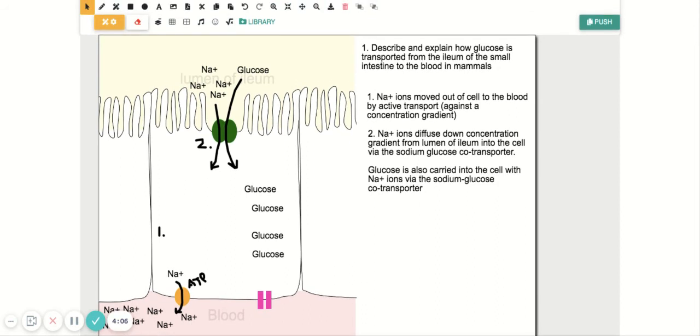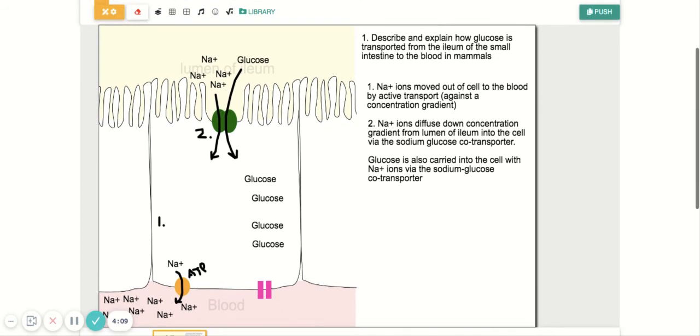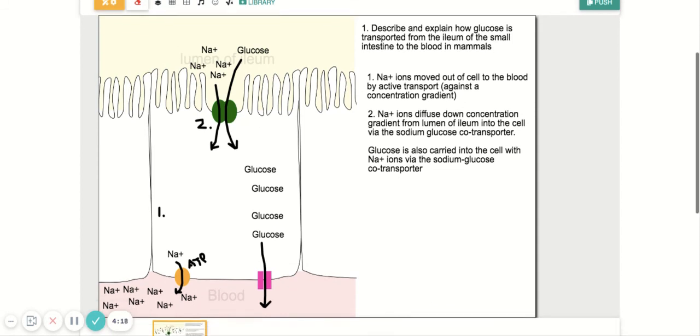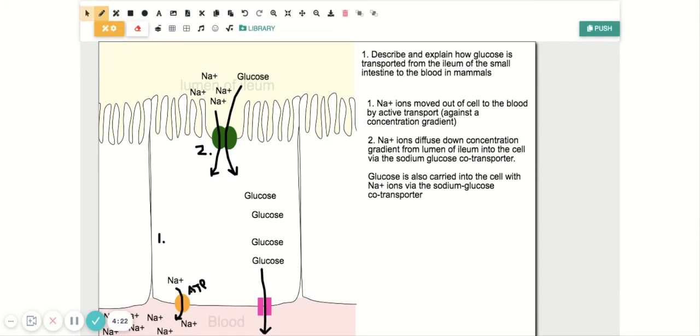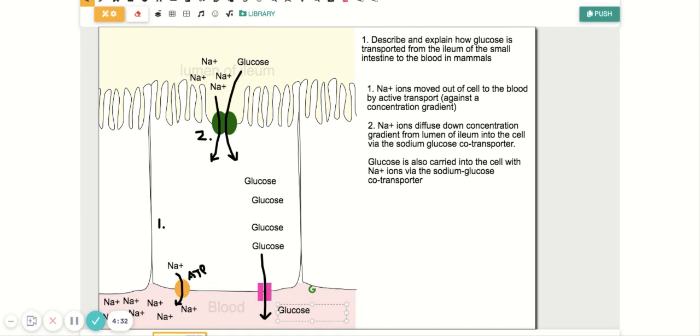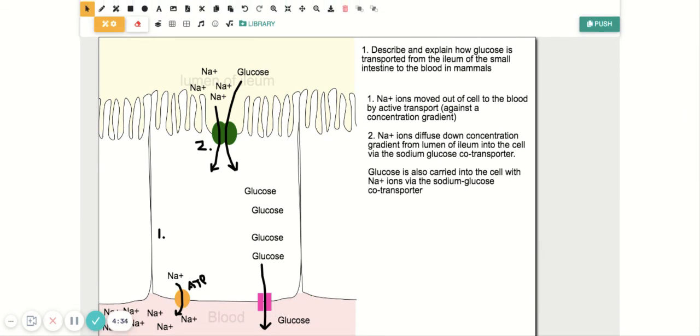Well, it means that glucose can now diffuse down the concentration gradient via facilitated diffusion, via this channel protein into the blood. So you've basically moved the glucose down its concentration gradient into the blood. And that's step 3. So that's really that third step, if we want to put it in 3 steps.